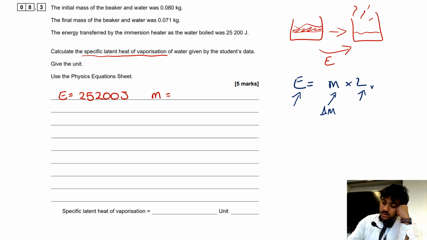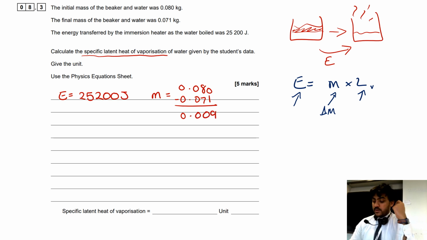M is equal to 0.08 minus 0.071, which is 0.009. Yeah, that's right, 0.009. So that's my mass that I've got.